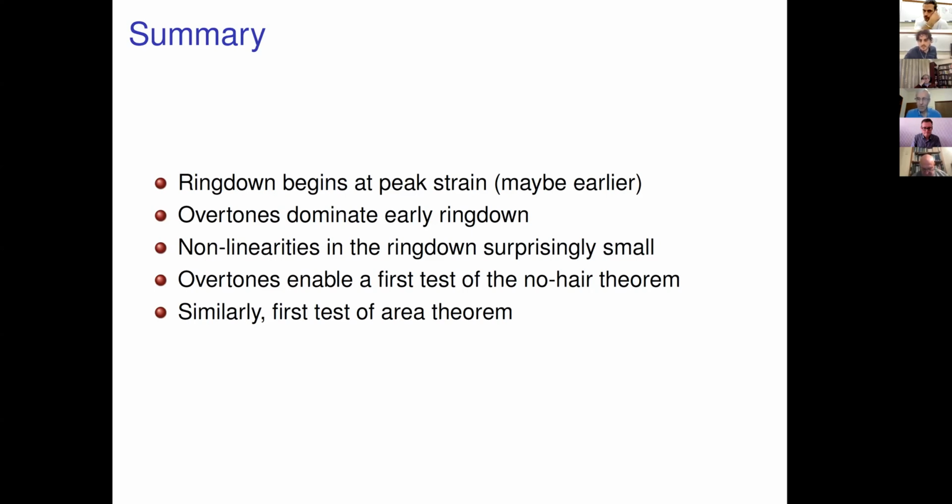So they ask how many overtones are needed to describe the ring down at the peak. I mean, you had a graph before. Yes, so it's determined by the accuracy of the signal that you're trying to fit to. So for the numerical relativity waveform, which we can calculate to very high precision, we used 7 overtones plus the fundamental, and then we could get down to the numerical precision.